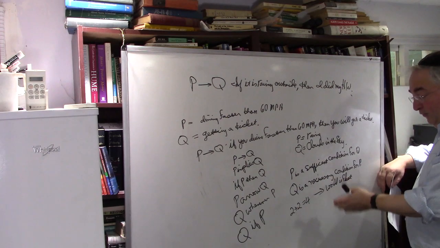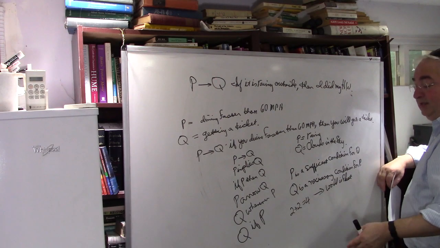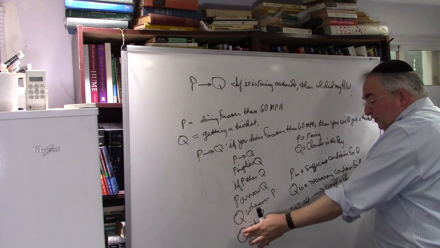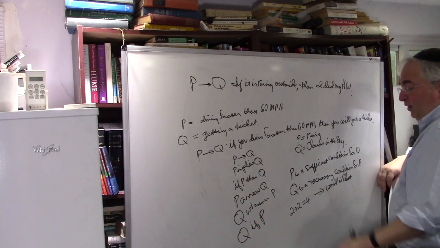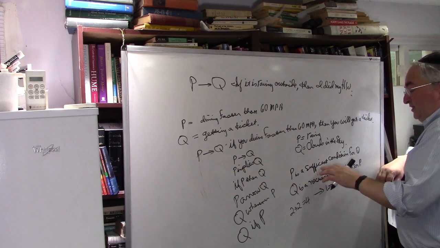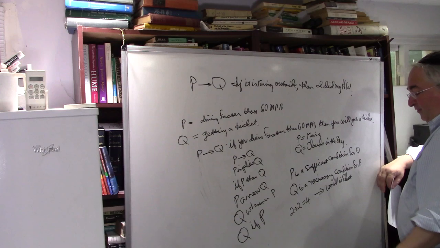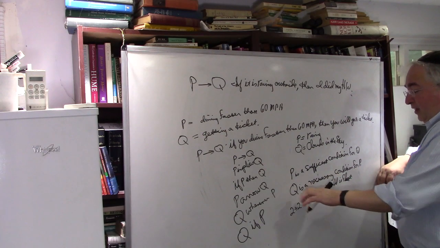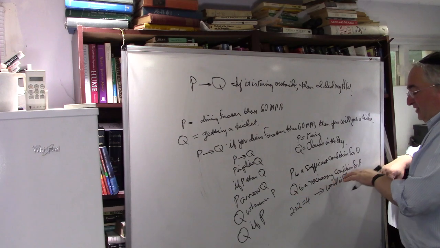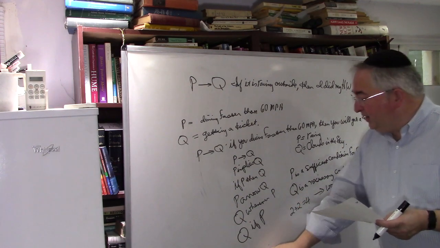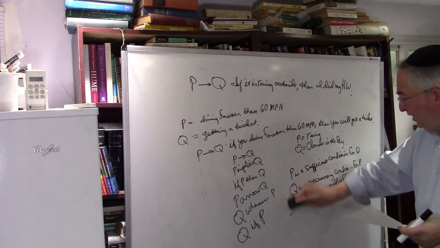It's absolutely false, but I want to see the words. 2 plus 2 is equal to 4 is a sufficient condition for the world to be flat. That's not true. The world is not flat. The world is flat is a necessary condition for 2 plus 2 is equal to 4.